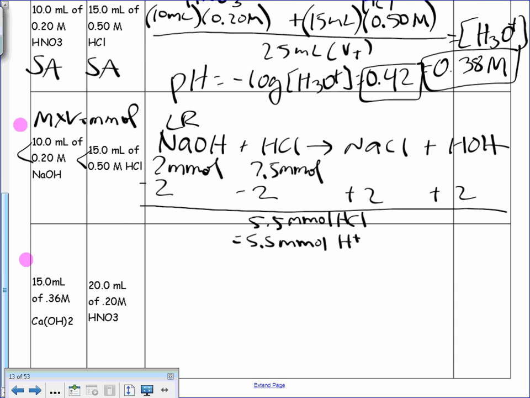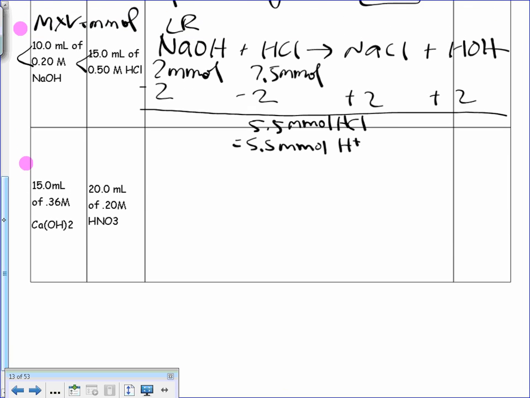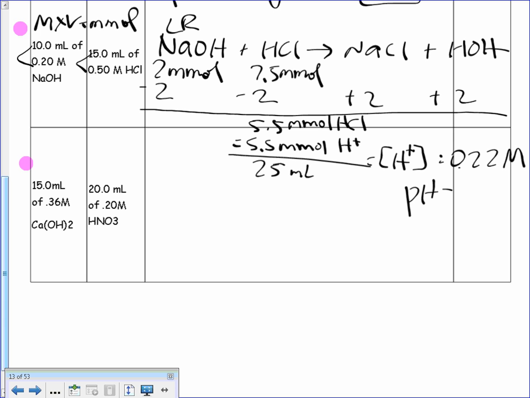And then divided by total volume of 25 milliliters, and that gives us our hydronium or H plus concentration to be 0.22 molar. So then pH, negative log of 0.22 is 0.658.